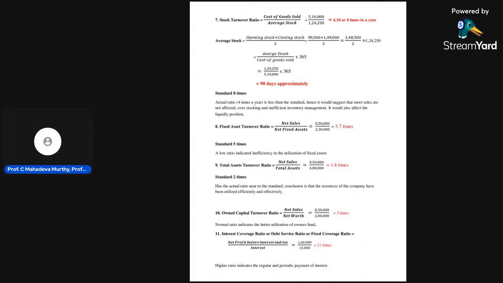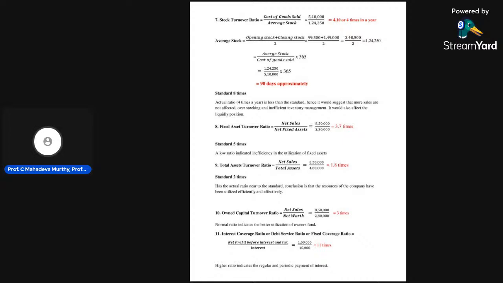Then the other form is how to convert it into days. For times, the formula is cost of goods sold divided by average stock, and you will get how many times stock turns over in that particular year.